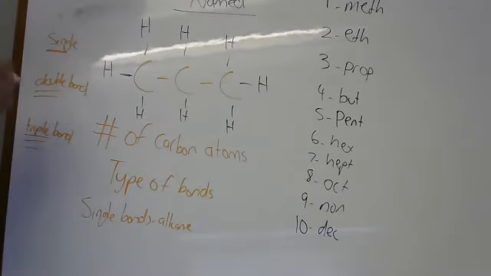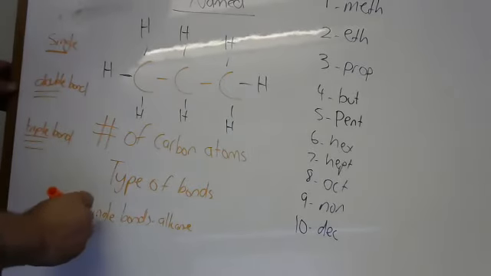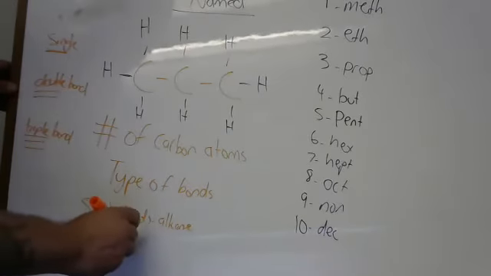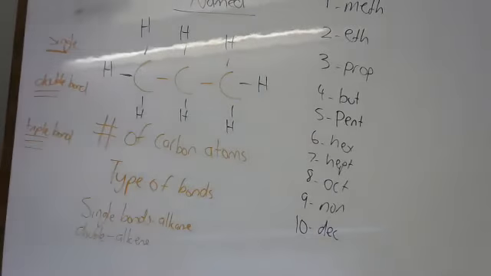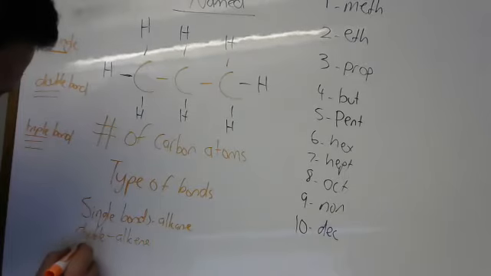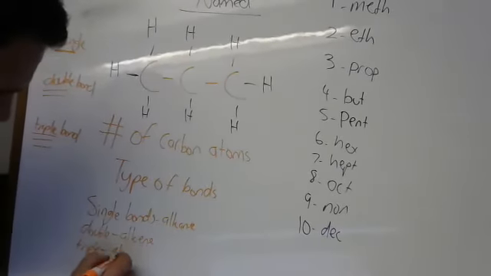If we have a double bond, it would be an alkene. If we had triple bonds, it would be an alkyne.